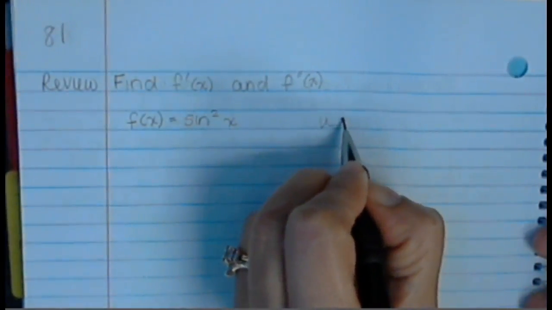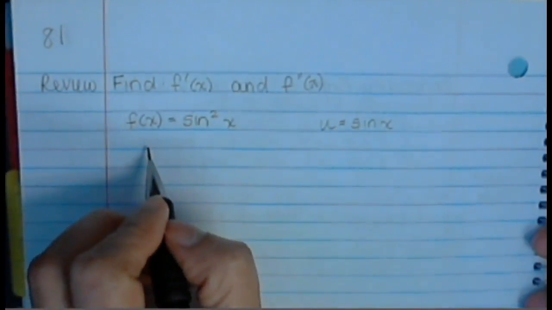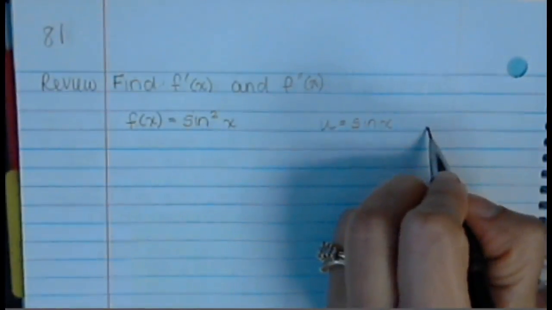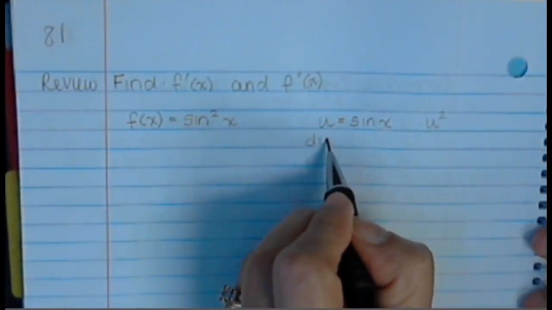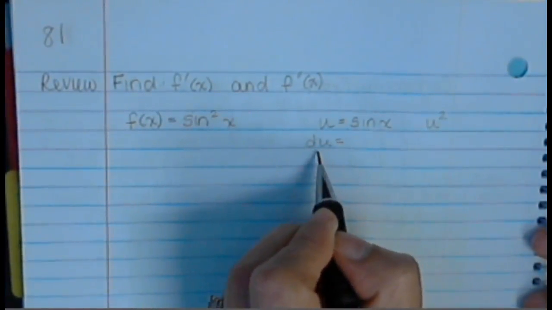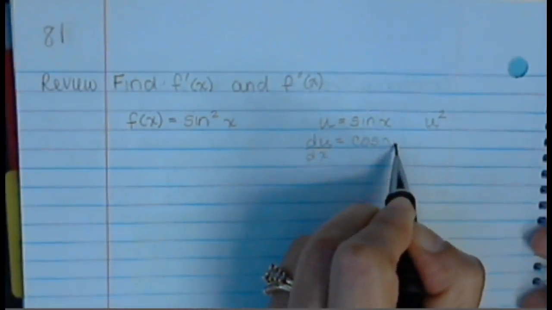So our job is to find the first derivative as well as the second derivative of sine squared x. So I just want to remind you that we can let u equal sine of x. So now we're going to have something that looks like u squared. And then we know the derivative of u with respect to x is cosine of x.